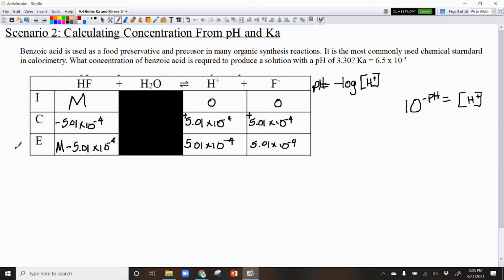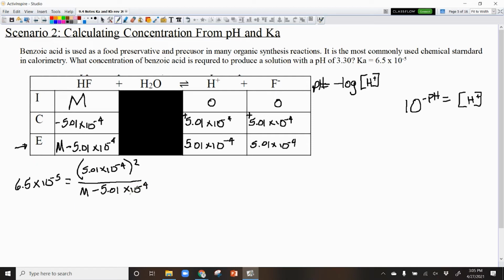All right, so remember this is the Ka expression. We have a value for Ka, so 6.5 times 10 to the negative 5th is equal to this times this, so it's 5.01 times 10 to the negative 4 squared over m minus 5.01 times 10 to the negative 4.